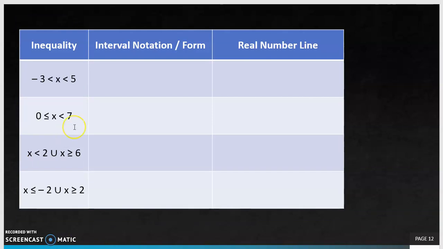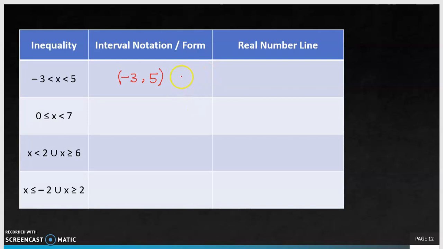Let's look at some more examples. Let's say x is greater than -3 but less than 5. Both of the values are not included. Therefore, we use round brackets: -3, comma, until 5.